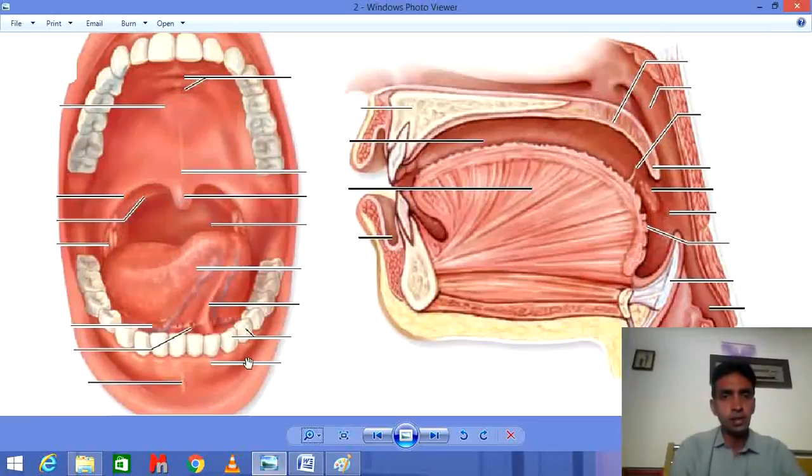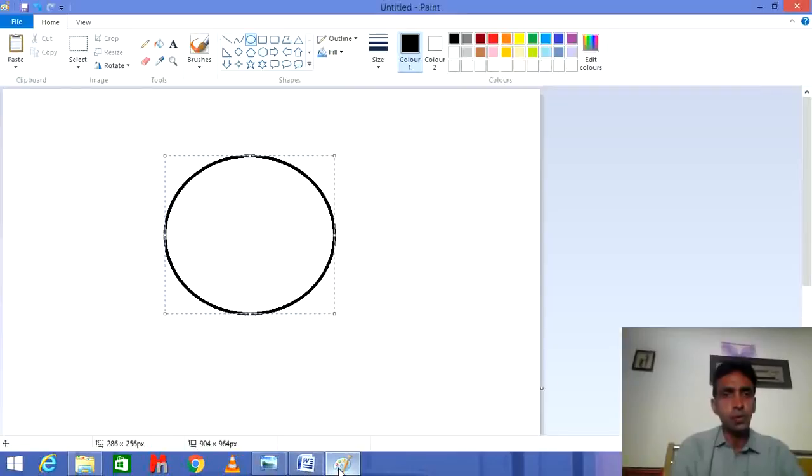Over here, this is what we call uvula. I will draw uvula over here. So this is uvula.